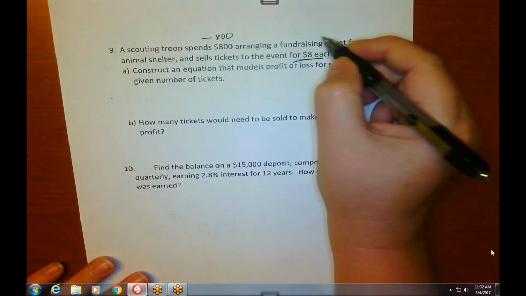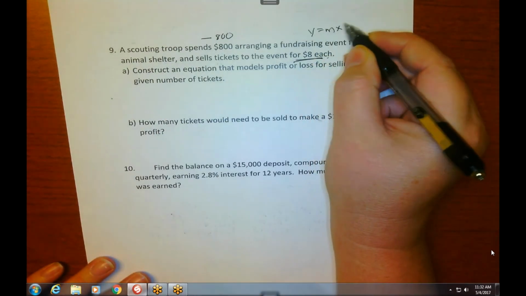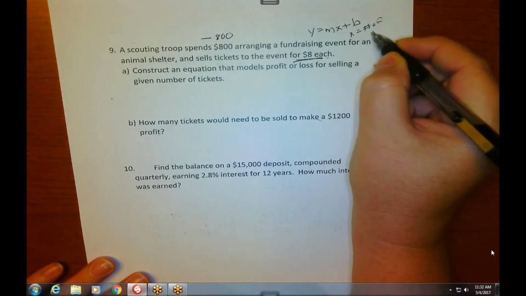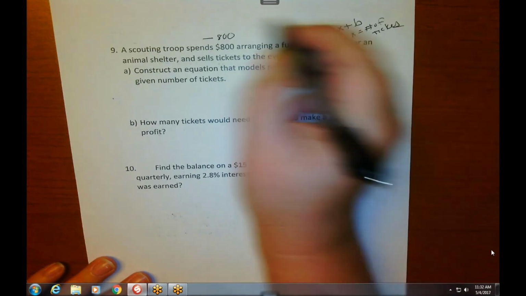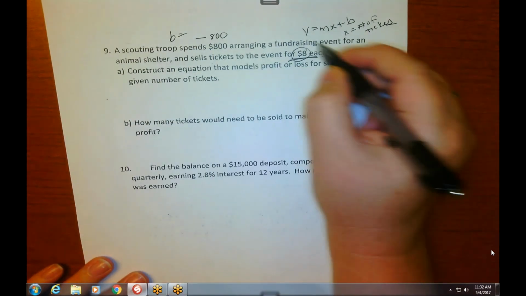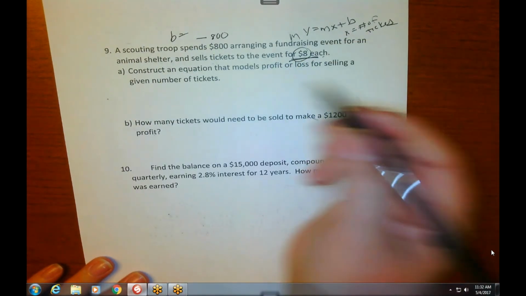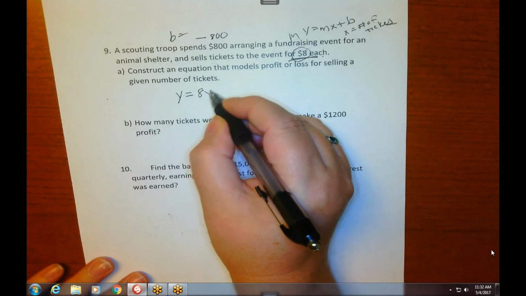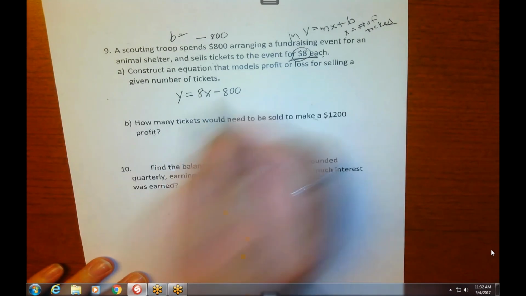It's not a percent. Y equals mx plus b. X equals the number of tickets. B is the one-time amount. 8 is the M, the per something. Y equals 8x minus 800.